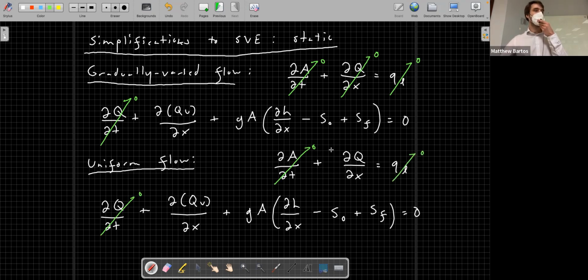Our lateral overflow is 0, which means that the mass flux through the control volume is equal. We'll also assume that this term here is equal to 0. And we'll assume that the hydrostatic pressure difference is also equal to 0.